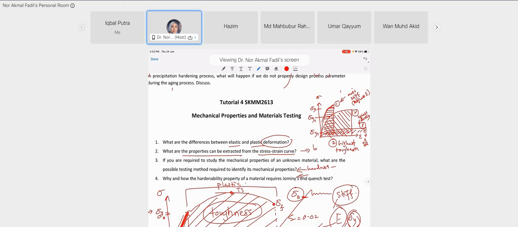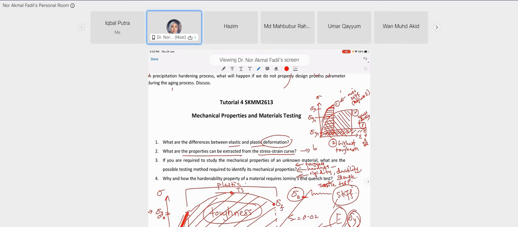If you want to test rigidity, ductility, strength, we can use the tensile test. What else? Fracture toughness, we can use if you want to test the toughness properties.